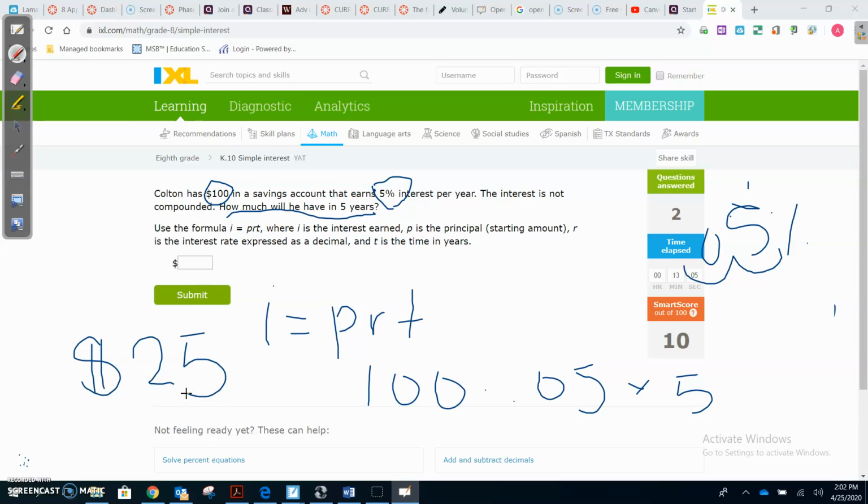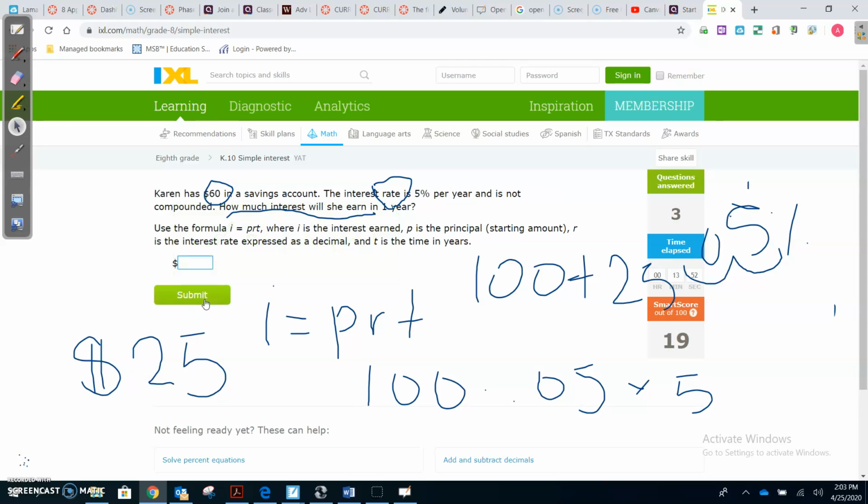So now all we have to do is add that $25 that he has earned in interest over that 5 years to our principal, what he began with, which is 100. So now we're adding 100 plus 25, and that's going to give us $125 in total. Let's submit it.